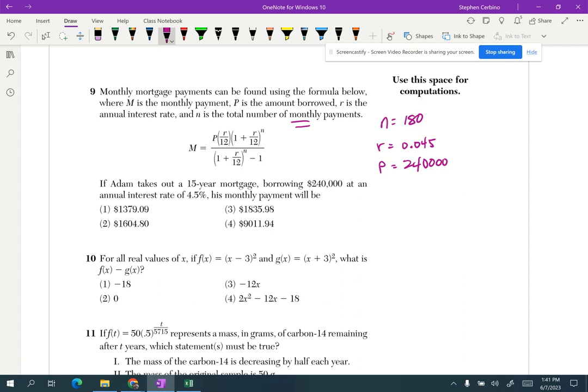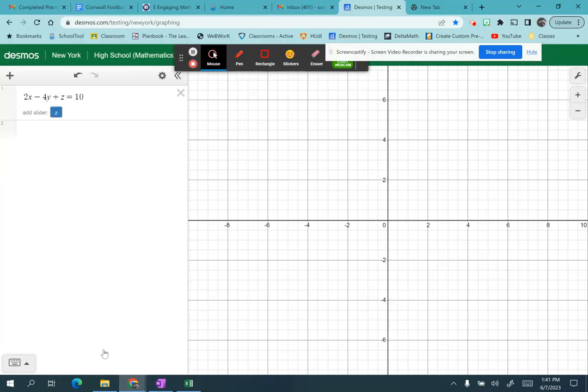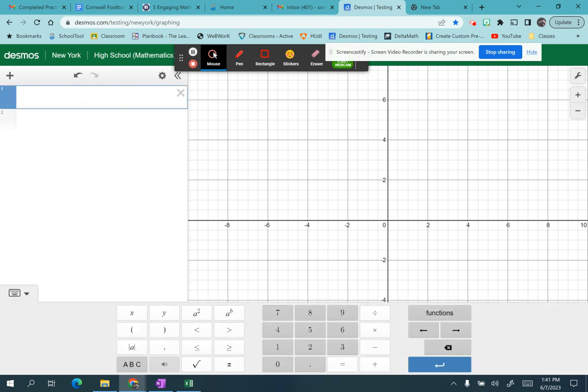So we just got to plug that all in. We're going to plug it into our equation, again using Desmos, get rid of this 3 by 3 system, and we're going to start plugging stuff in. Since we have this big fraction, we're going to make a parenthesis to start. So I'll say 240,000, and I will make another parenthesis for the fraction of 0.045 divided by 12. We'll end that fraction and make a new one. We'll do 1 plus another fraction, which is 0.045 over 12 again.